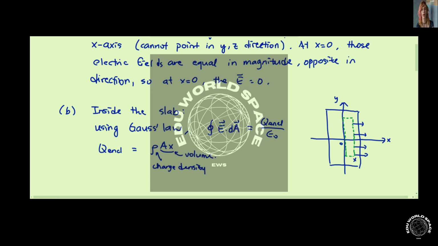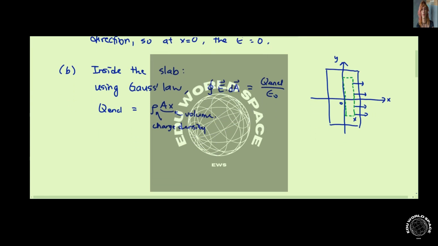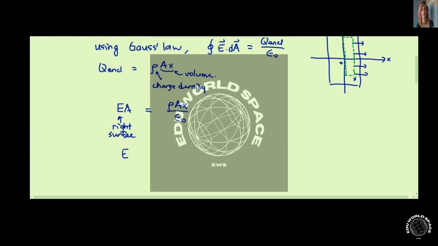On the left hand side, we only have E times A, because the flux is only through the right surface. So E A equals rho A x divided by epsilon naught, and E will be rho x divided by epsilon naught.